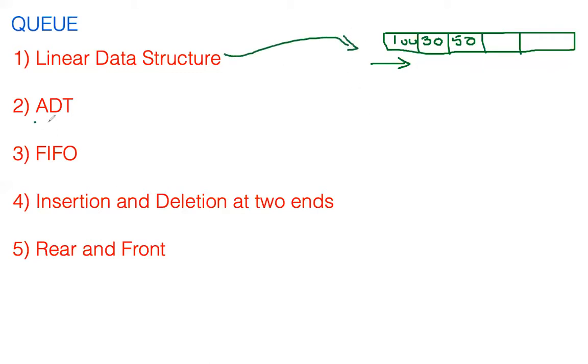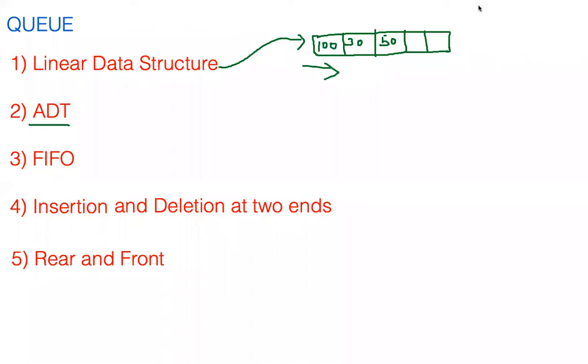The second property is that it is an ADT. We know that the definition of abstract data type tells us that we are not concerned about how a particular data structure is implemented. We are rather concerned about the operations which are allowed on the data structure. So if I want to write some algorithms using a queue, where there are the operations insertion and deletion, we simply write enqueue or dequeue.